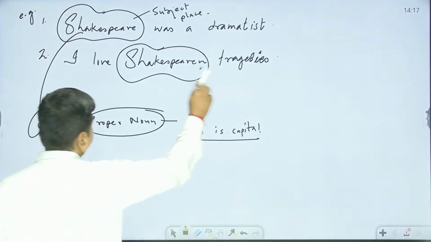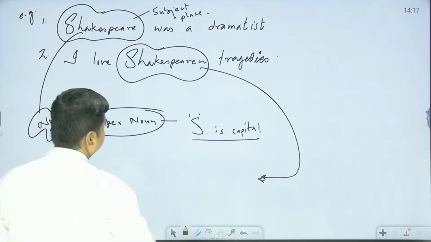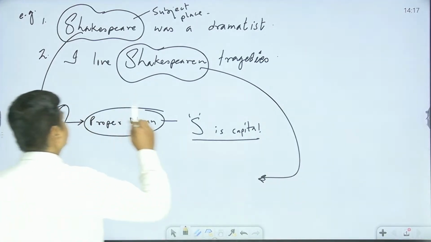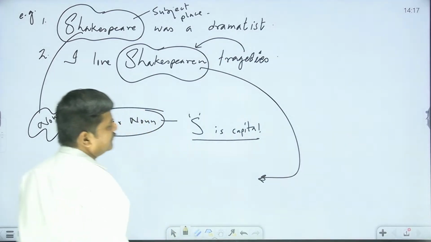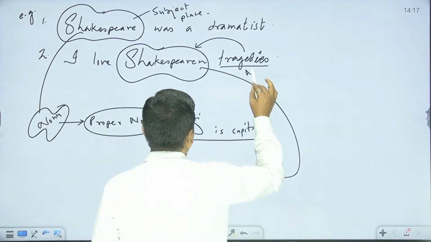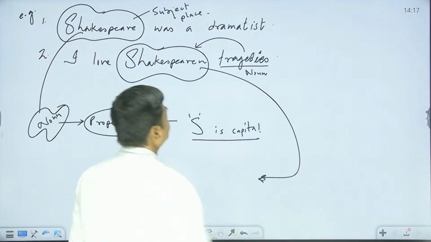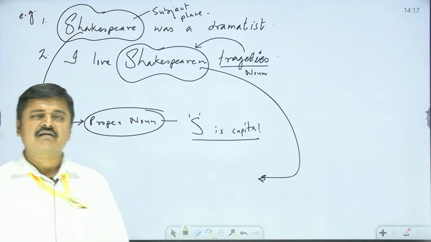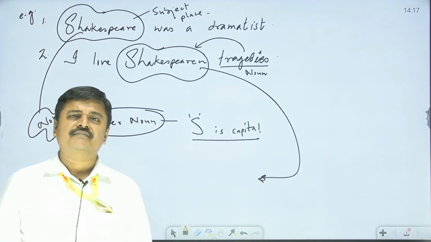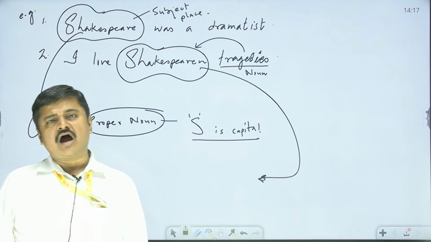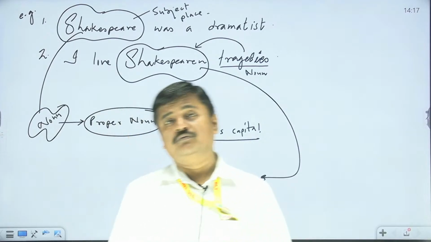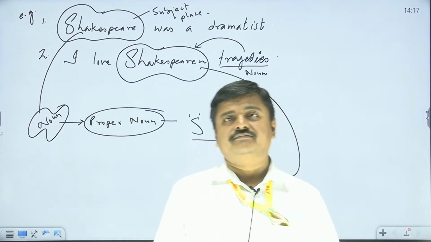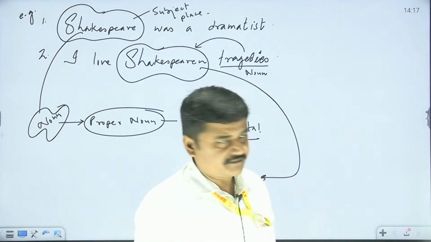Here, Shakespearean. Here Shakespearean is before tragedies. Tragedies is actually a noun. Now, how did I identify that tragedies is a noun? A very simple trick.